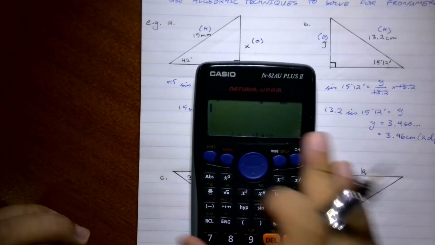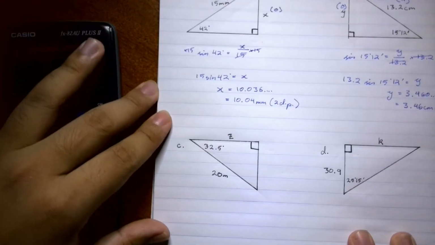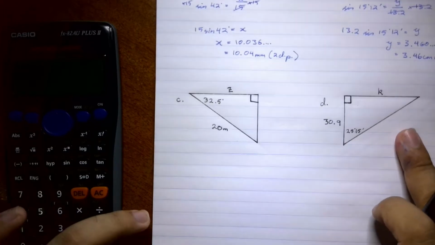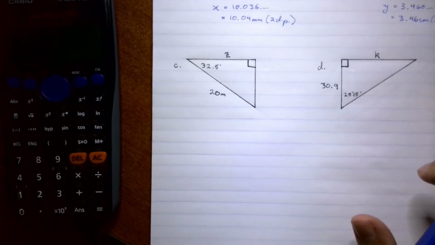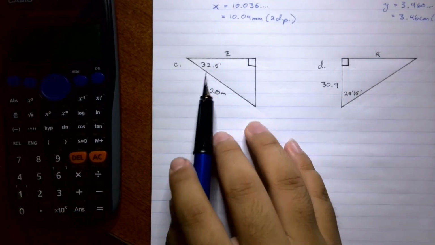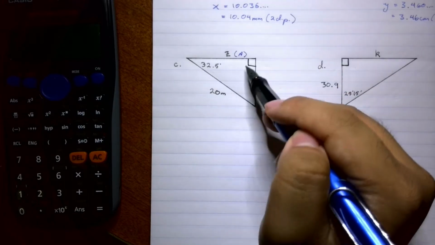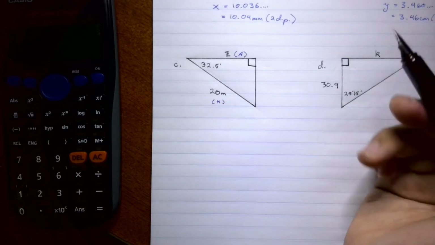Moving right along, here we have once again another ratio. We should place this into the correct ratio first. From our angle, we are given the adjacent and the hypotenuse.